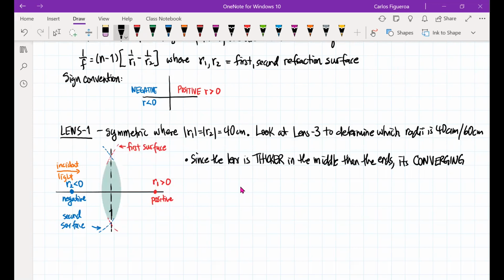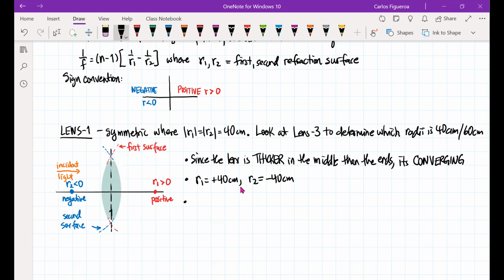If we do not get a converging lens answer, then there's a mistake someplace. So with my sign convention, R1 is positive 40 centimeters and R2 is negative 40 centimeters.